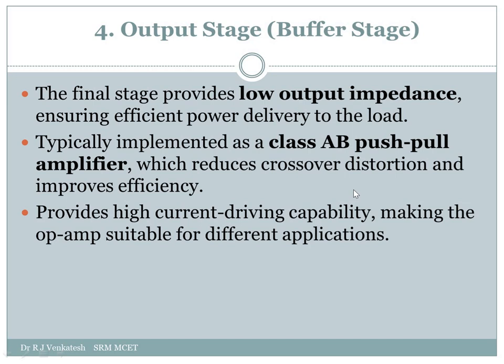This is your output voltage. The input is always a low voltage. You can give millivolts and amplify up to a maximum of 12 volts. That's the functionality of the operational amplifier. In a lot of measuring applications, the sensor outputs are connected to the operational amplifier so you can amplify the signals.